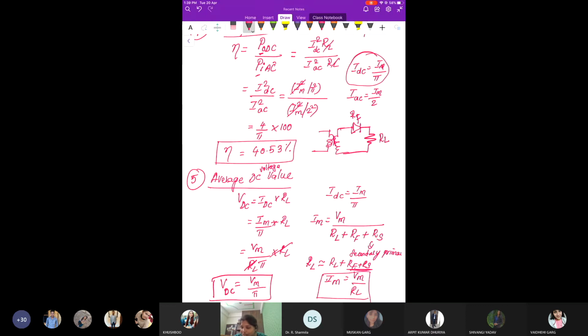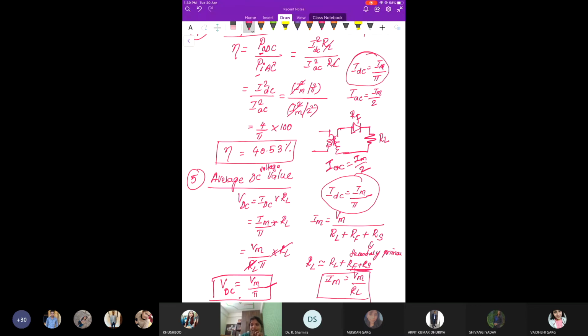In order to remember these values: the IDC value, I already told you how to calculate, is Im by pi. If it is VDC, its value is Vm by pi. If it is AC current, IAC means Im by 2.